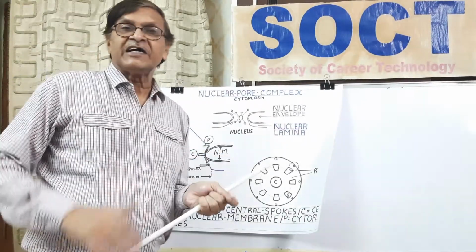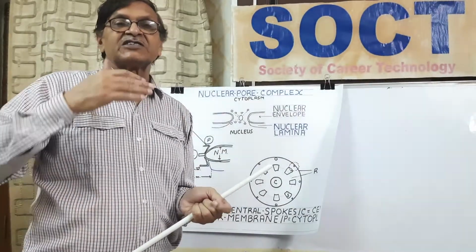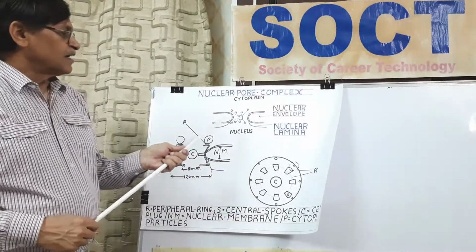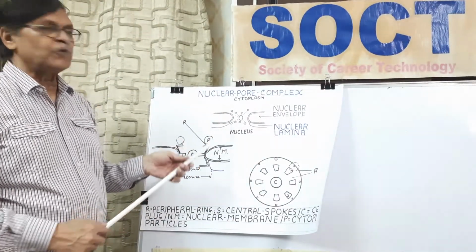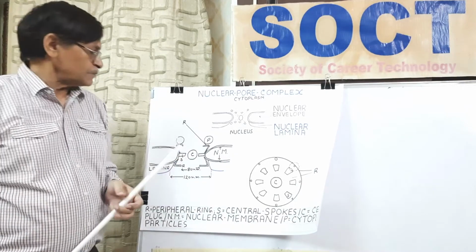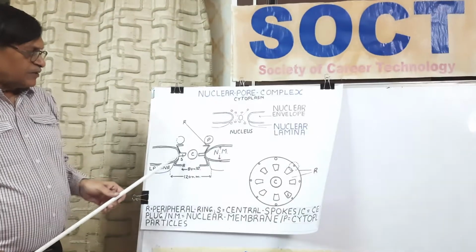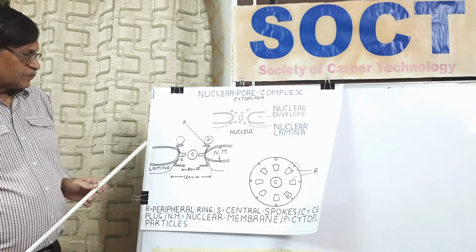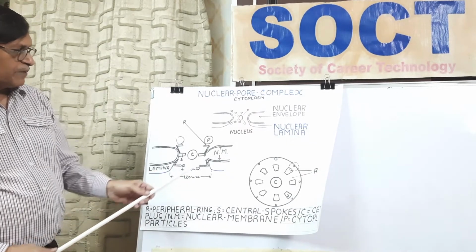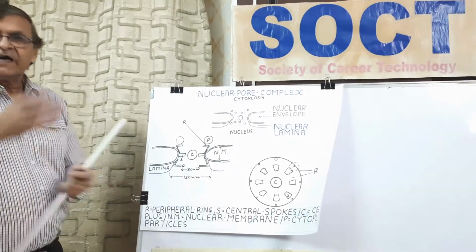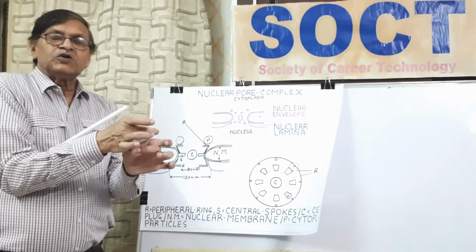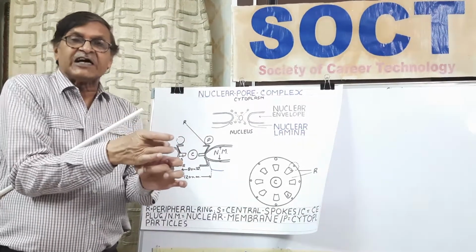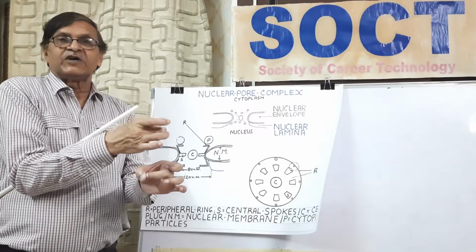This nuclear lamina makes a network-like structure, meshwork-like structure connected with this nuclear pore complex. Here you can see the central plug, the nuclear membrane. Along with it, in this pore, two ring-like annuli are found, one below and one above.